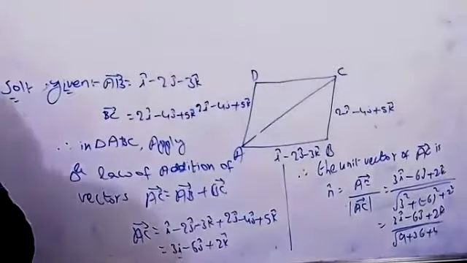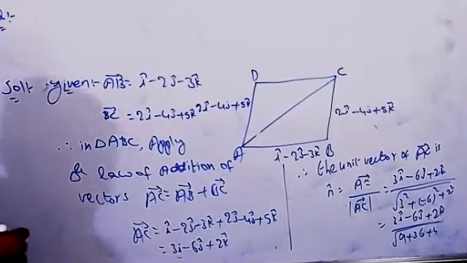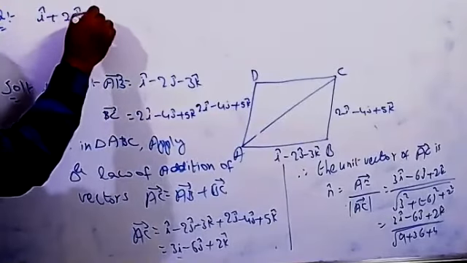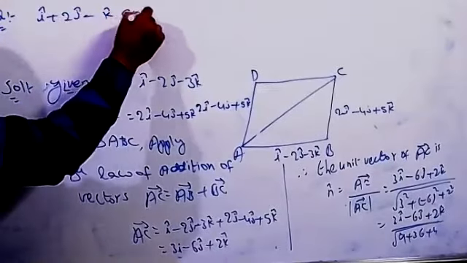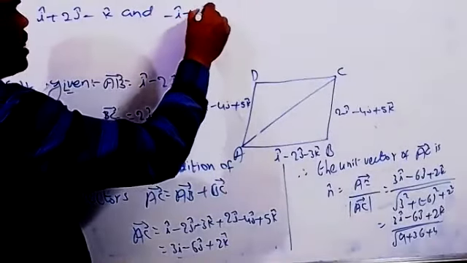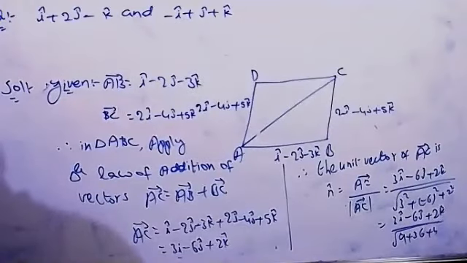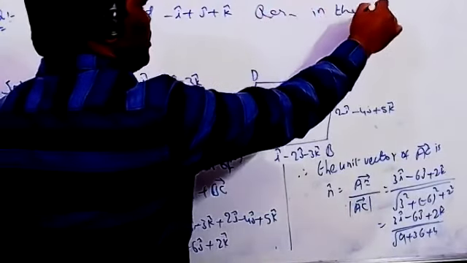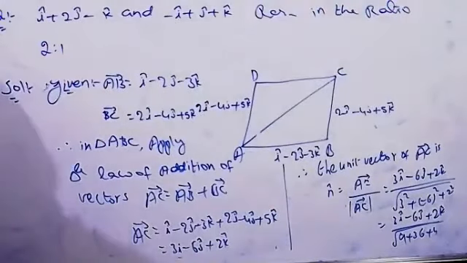Whose parallel vectors are i plus 2j minus 3k, minus k, and minus i plus j plus k respectively, in the ratio 2 is to 1.